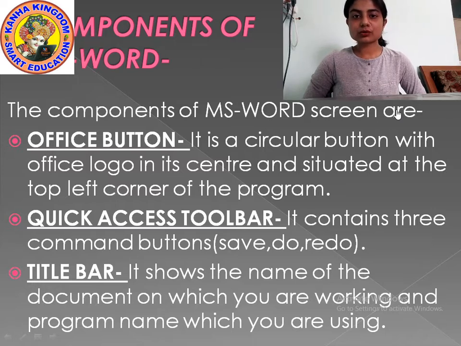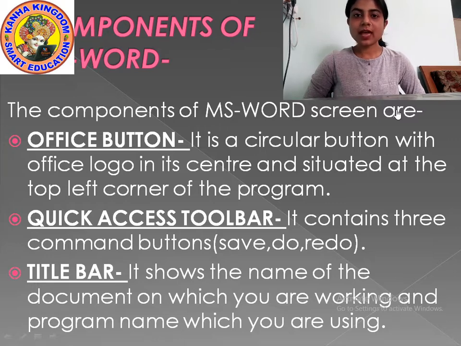This is used to adjust the view area as per requirement. If you want to view it in a large page, you can zoom in, and if you want to view it in a smaller portion, you can zoom out. It is according to your adjustment.